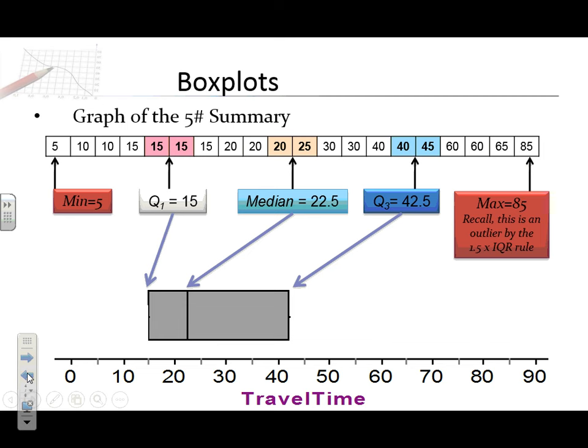Okay? So once we have our box created, the next thing we're going to do is extend lines out to our extreme values, so our minimum and our maximum if we're able to. On the left side, when we go to the minimum, we didn't have any outliers down here. So we go to 5 and stop our line. We're going to reach out from the box to our minimum value of 5.